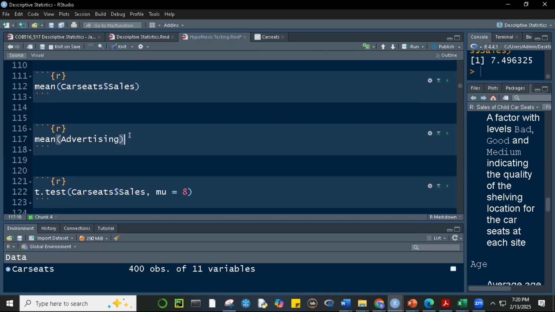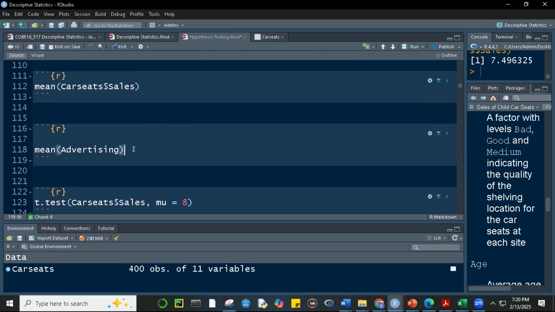Of course, we know that we can't run this as is. But is there a technique for us to be able to access this and get its mean? There is, by defining where these objects are that you're going to access.